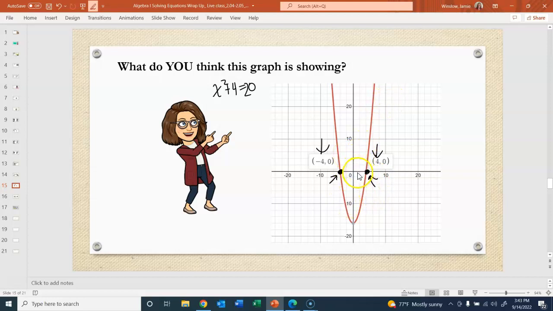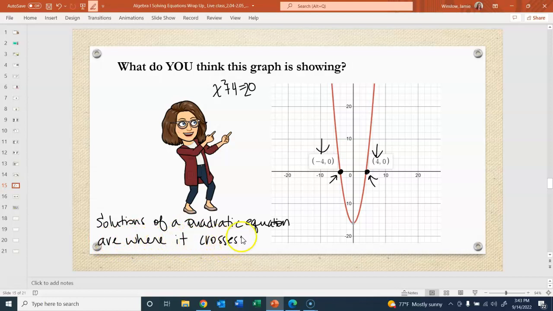That's really important as we move forward in algebra. We're going to see this a lot more. So the solutions of a quadratic equation are where it crosses the x-axis. And it might cross once, twice.